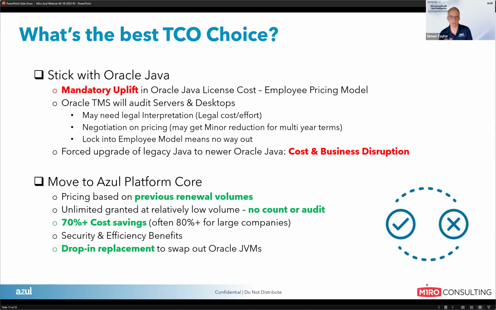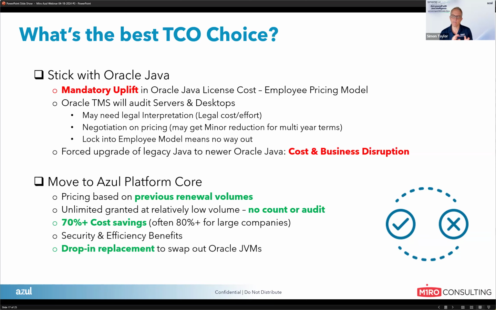That might be a good alternative for you if you really truly don't know very much about what's going on with your Java environment. Then you can use that technology that then feeds into maybe using something like Core. But Core is usually saving at least 70% versus Oracle licensing today. It's a very, very compelling story, and it's a drop-in replacement.